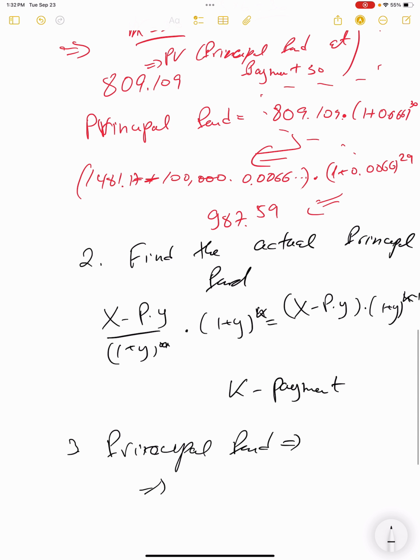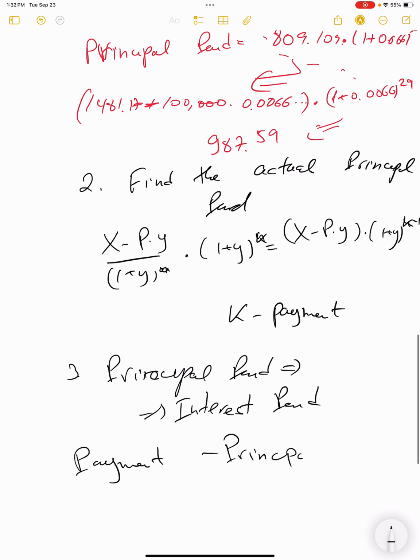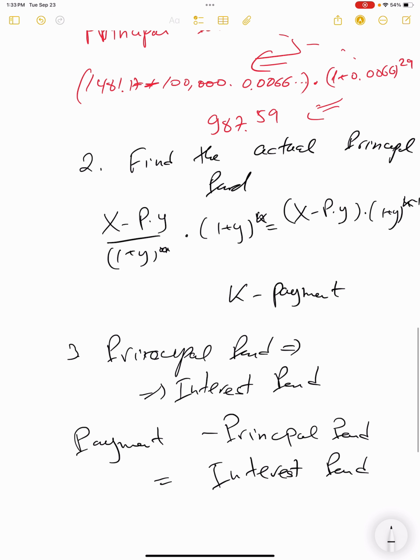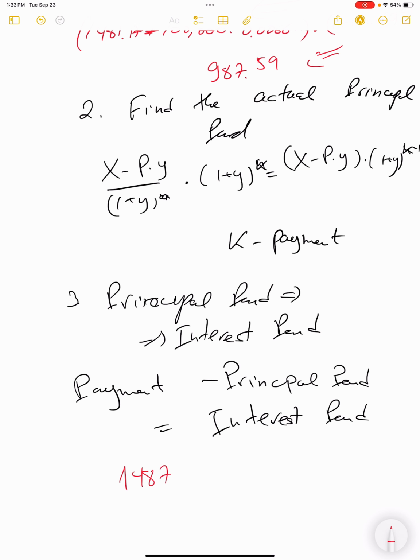Once you have the principal paid, you get the interest paid. What is the interest paid? It's very easy, right? If you have your payment minus your principal paid, it's going to be your interest paid. In our case, it's going to be 1481.17 minus the principal paid we had, 987.59.